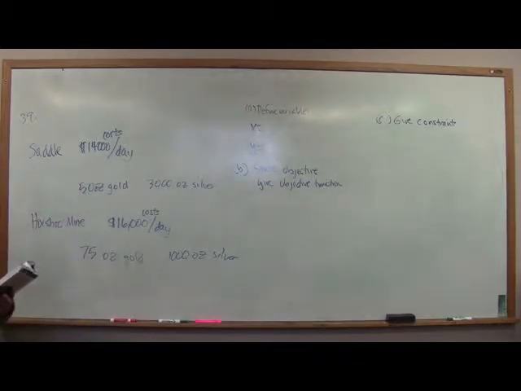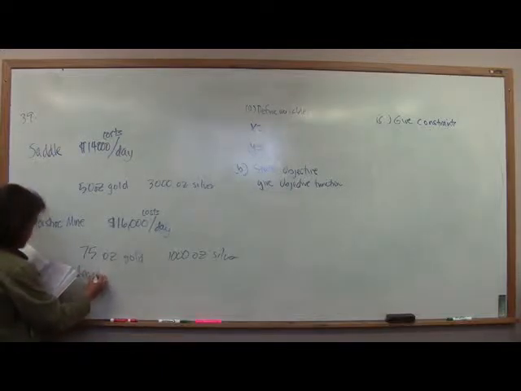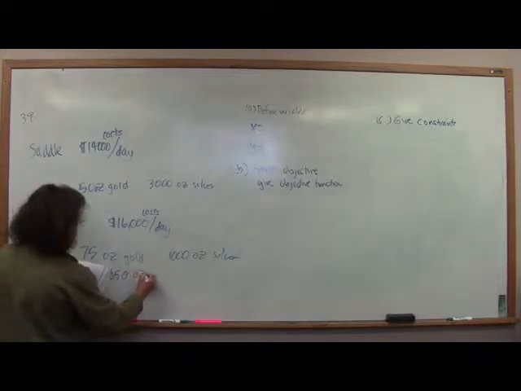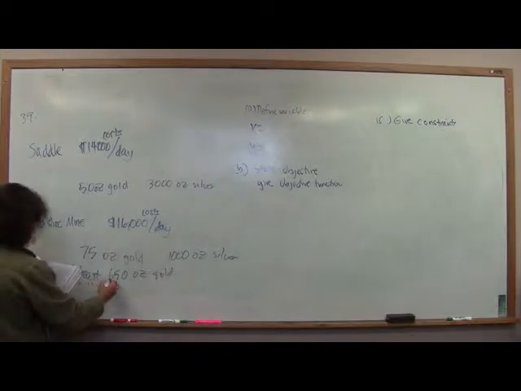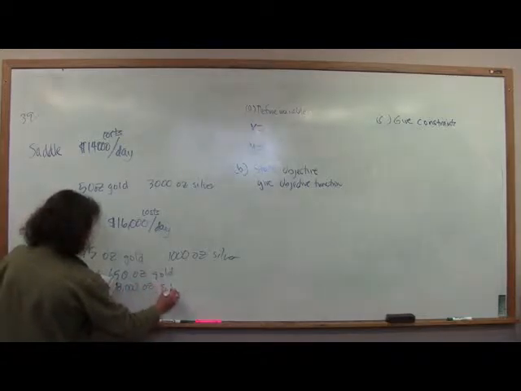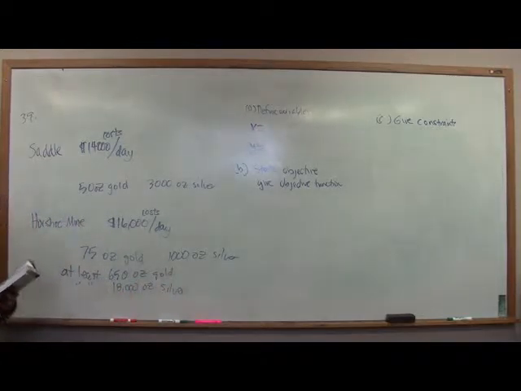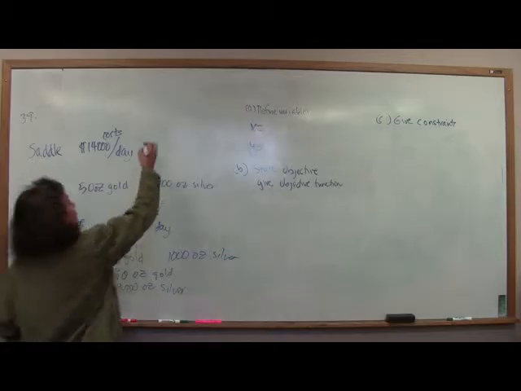So it says that company management has set a target that they want at least 650 ounces of gold and at least 18,000 ounces of silver. And what we want to know is, well, I'm going to change this a little bit. Okay, here we go.